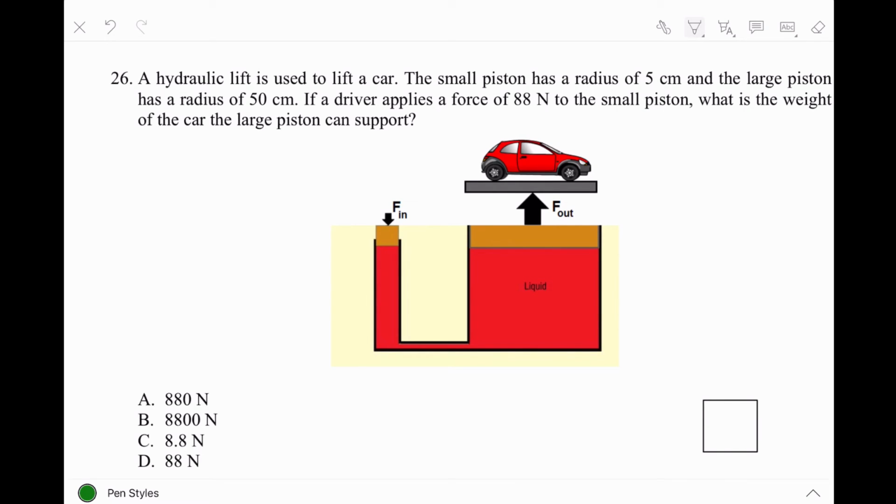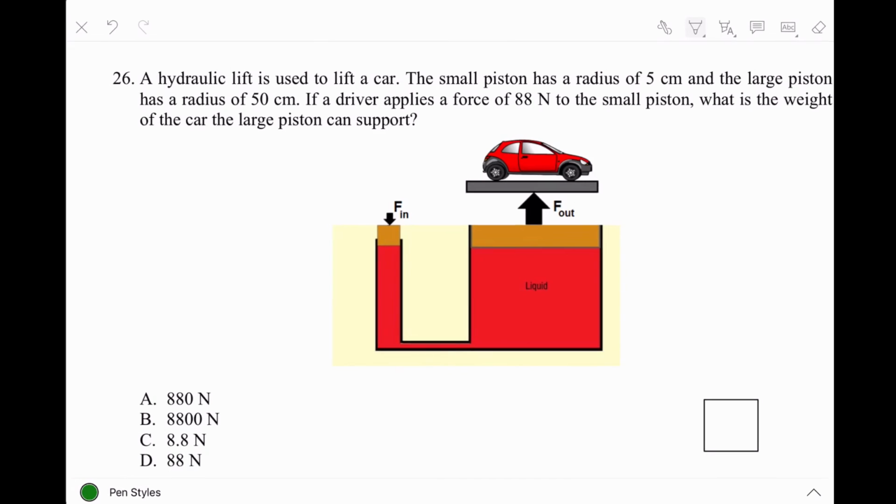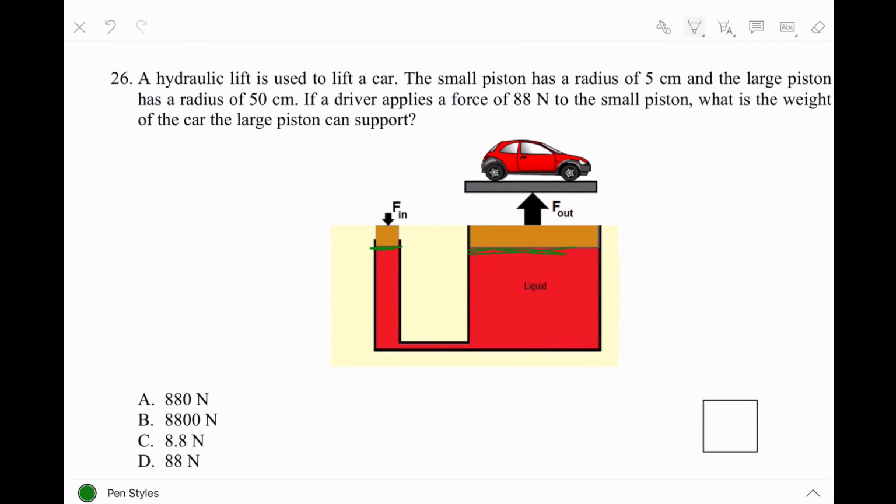A hydraulic lift. So remember, the pressure at this point is equal to the pressure at this point. So the pressure at this point, P, is F in over pi r square. At this point, I use a smaller one, F in over pi r square.